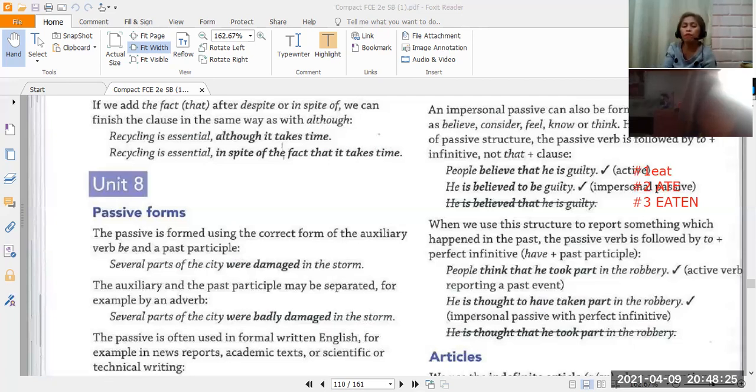Steve, Greg, Paul, Tom, Adam. Adam is the tallest. Do you understand? It's the tallest. Okay, very good. But only one person can be the tallest. That's Adam.